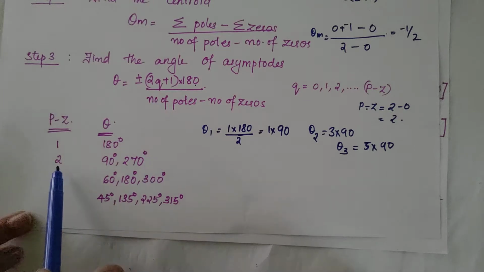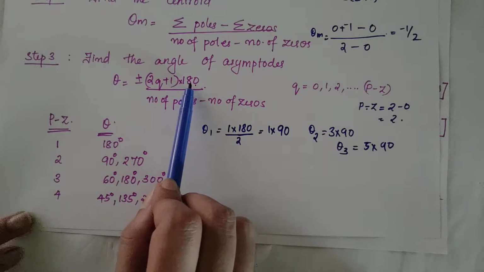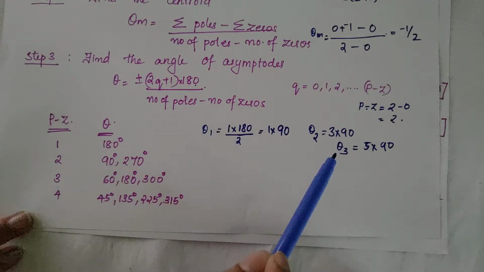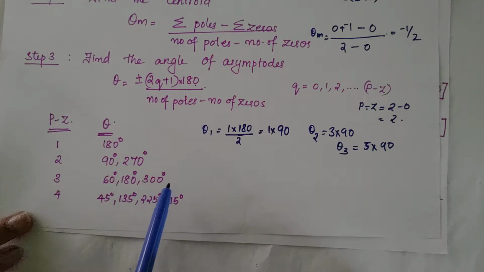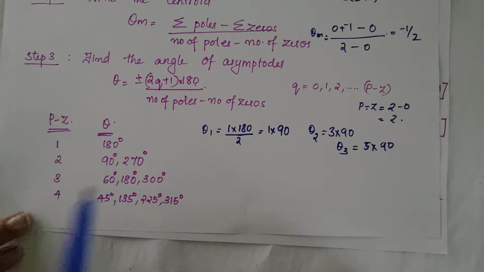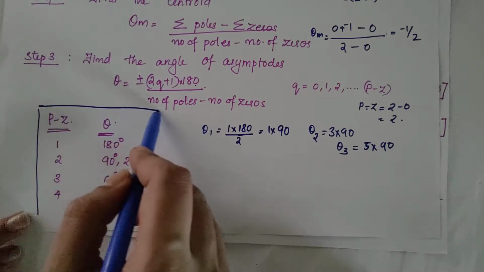If p minus z is 2, it will be the multiple of 90, that is 90 and 270. If it is 3, it will be 60, 180 and 300, and if it is 4, it is 45, 135, 225 and 315. This is a table for these values.